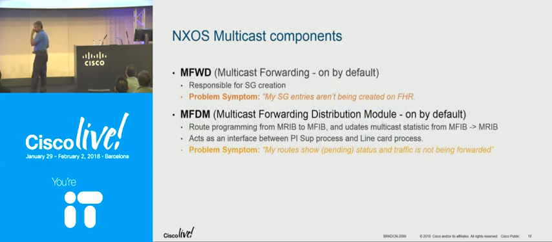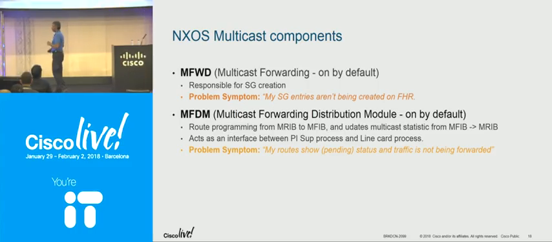MFWD, or multicast forward, is another important component that resides within the supervisor. This is responsible for creating S comma G state entries. So if there is a switch which is directly connected to the source, when it receives the data traffic, it's this component's responsibility to create S comma G state entries and also to register the source with the rendezvous point.